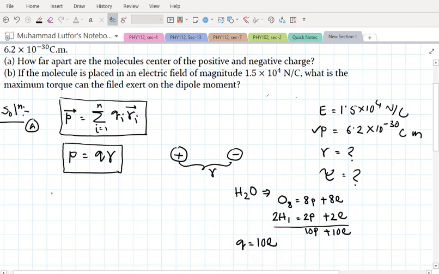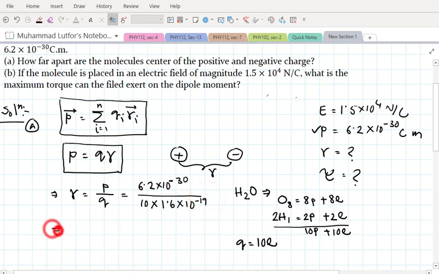Now I can find r, which is p over q. That is 6.2 × 10^-30 divided by 10 × 1.6 × 10^-19.